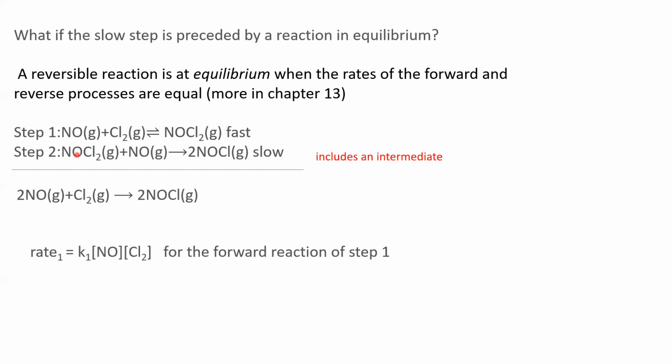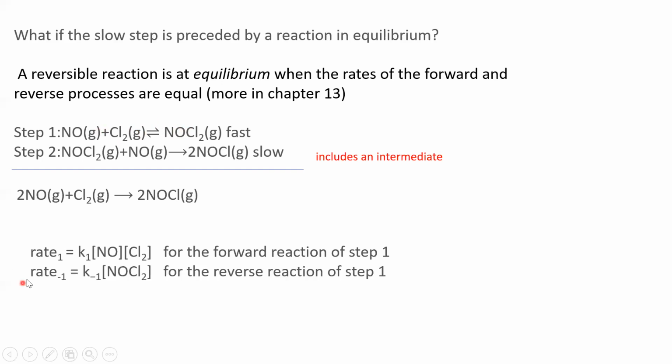Now, when we go to write the rate expression, let's look at the first reaction first, and we'll look at it in the forward direction. Well, rate equals k times the concentration of NO times the concentration of Cl2. Okay, the first reaction in the forward direction. But look at the arrow here. The reaction also goes in this direction.